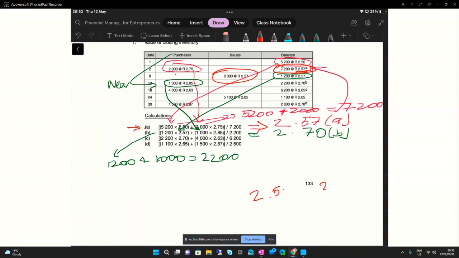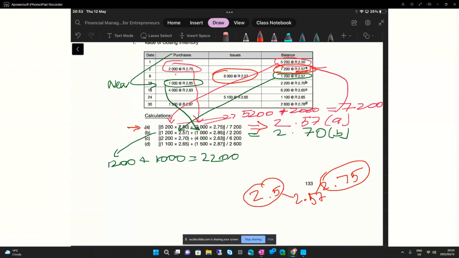You can see 2.5 and 2.75. 2.57 is like a middle way between the two. But you're not just taking this plus this divided by 2. You must take into account the quantity.